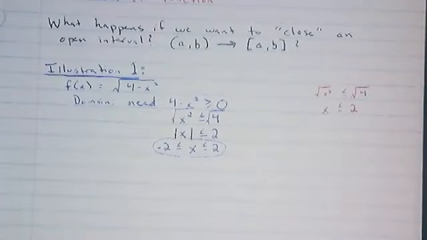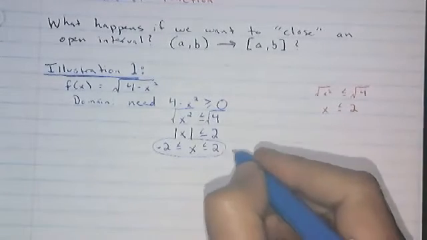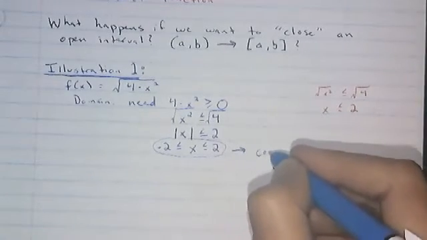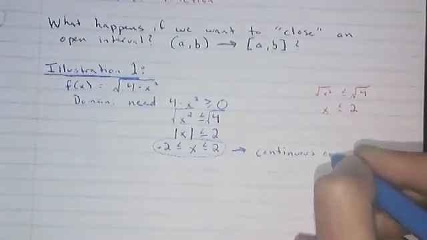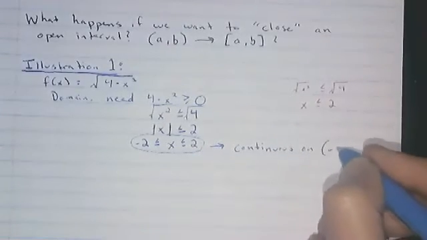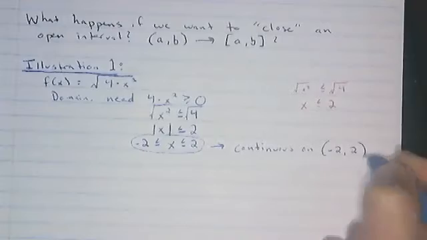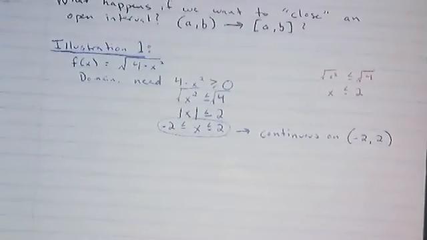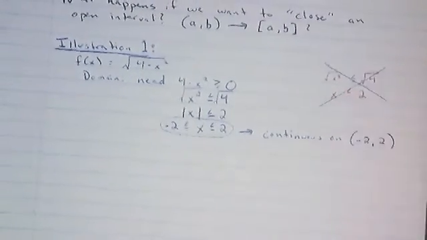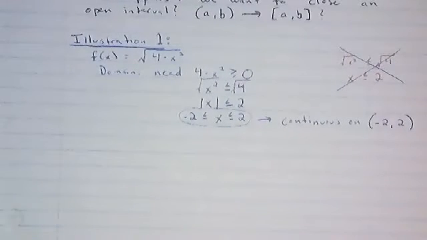However, at this point, we can only for sure say that we are continuous on the open interval within that domain. So from -2 to +2. The question is, what about these endpoints?